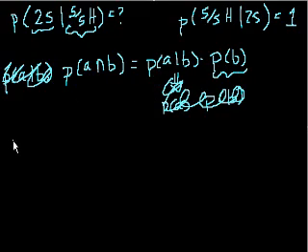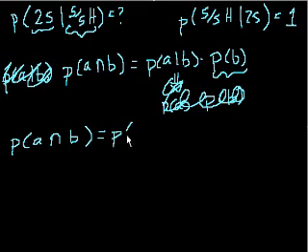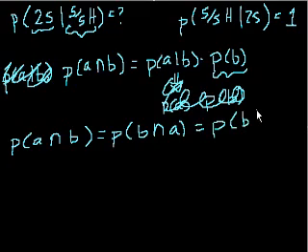But we also know the probability of A and B is also the same thing as the probability of B and A happening, right? The same thing. And so that's the probability of B given that A happened times the probability that A happened, by the same logic.